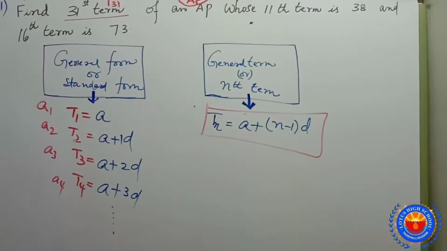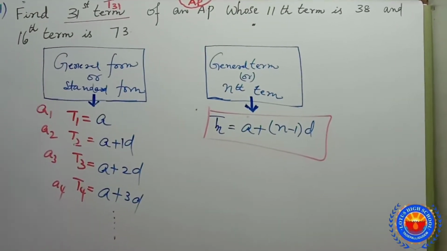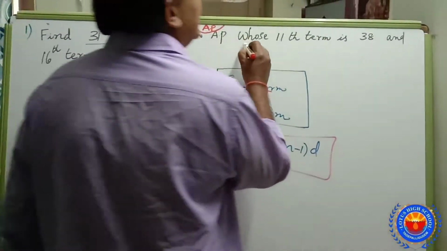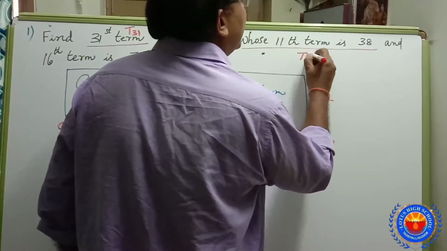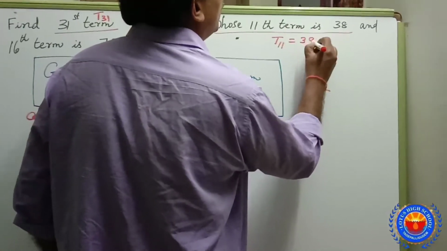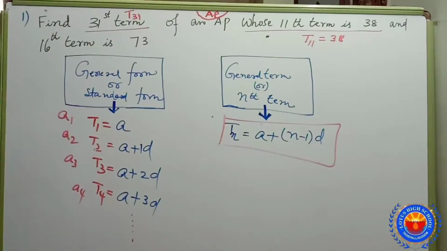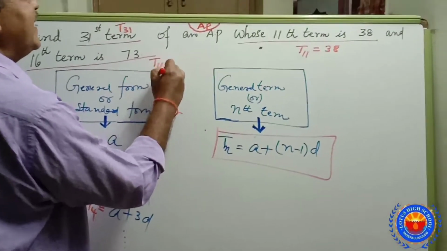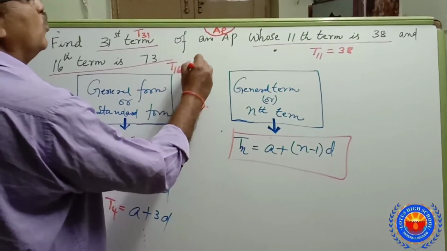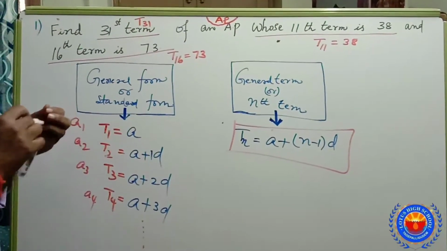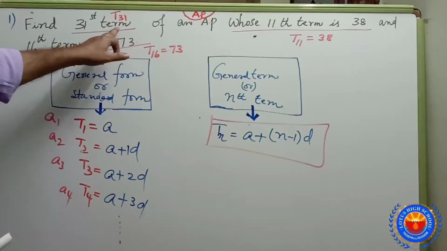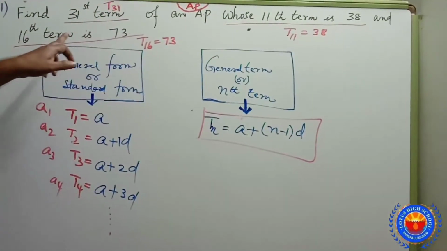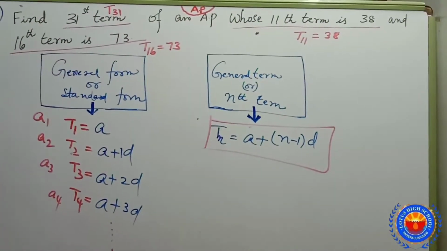Find the 31st term of some AP whose 11th term is 38, that is T11 is equal to 38, and whose 16th term is 73, T16 is equal to 73. This is given. So find T31. This is the given sum.